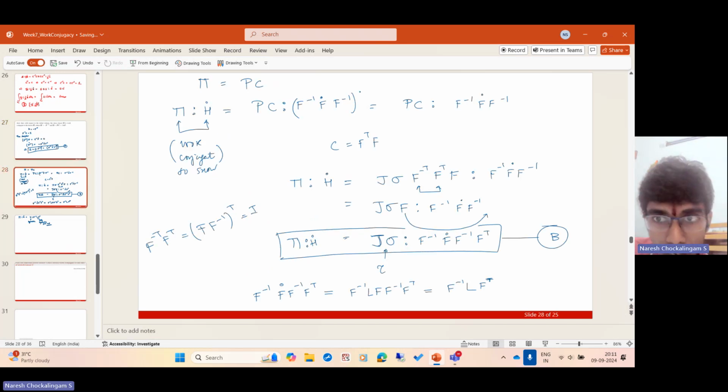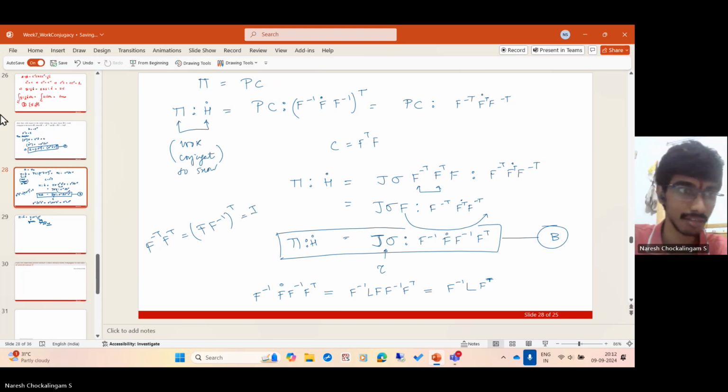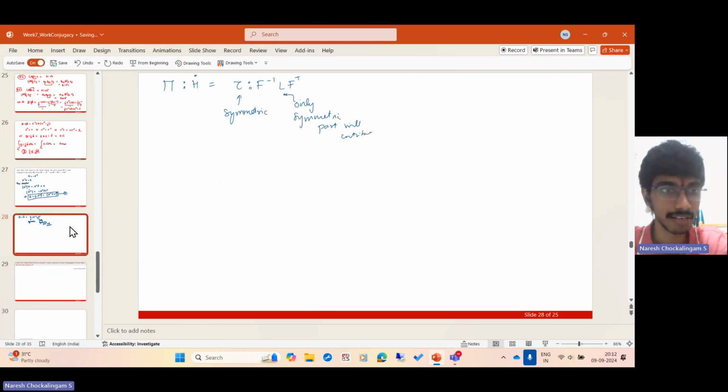We get an F inverse transpose, F dot transpose, F inverse transpose. Let me redo this. This part is fine, and this part can be redone.